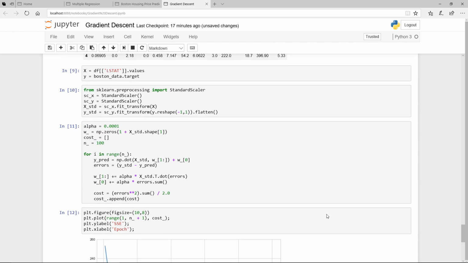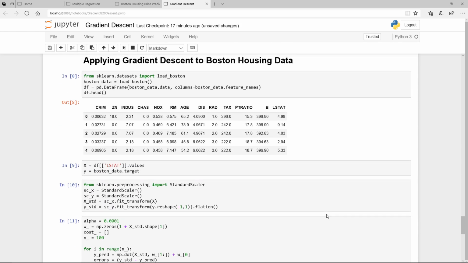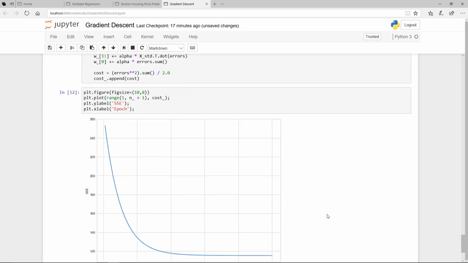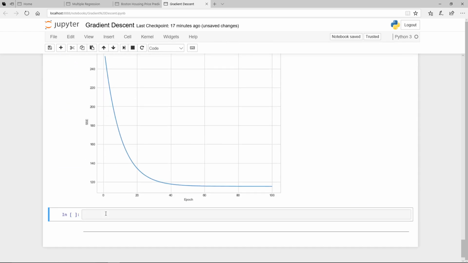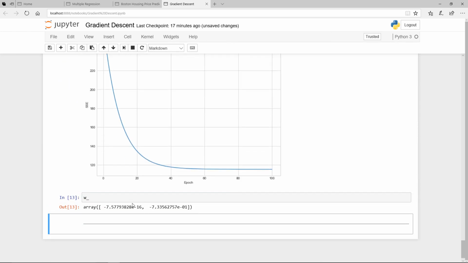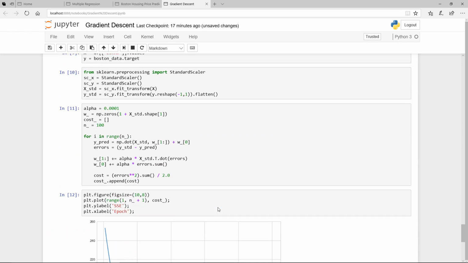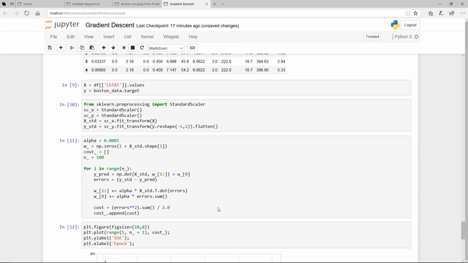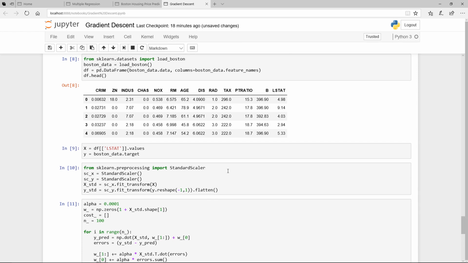So that's really the end of this lesson on applying gradient descent to estimate the coefficients. Although I didn't show you the coefficients themselves, it's quite easily done. It's w underscore here, which is these ones here. There you have the w0, the intercept, and this is the actual beta 1, the coefficient or slope for LSTAT by itself.